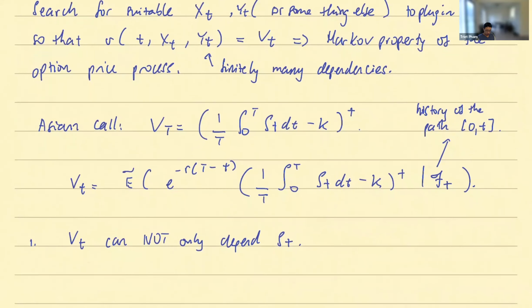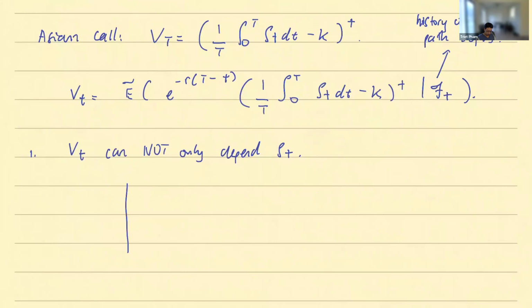Because the option payoff depends on the integral, the entire integral, or the average price. So here's t, and let's say the stock moves like this.